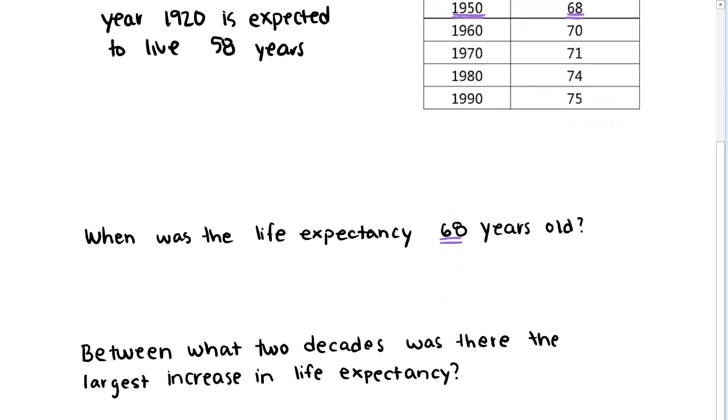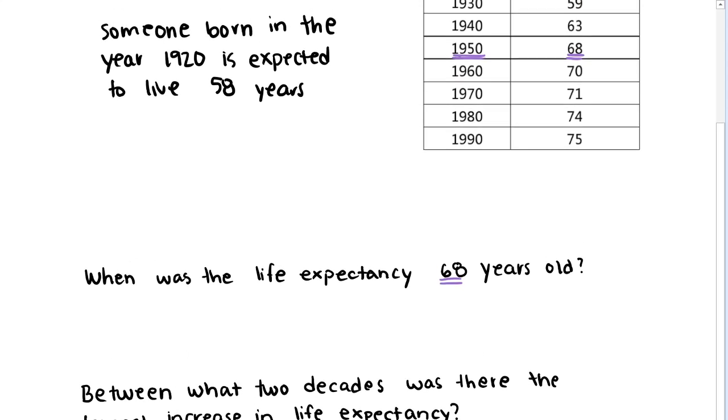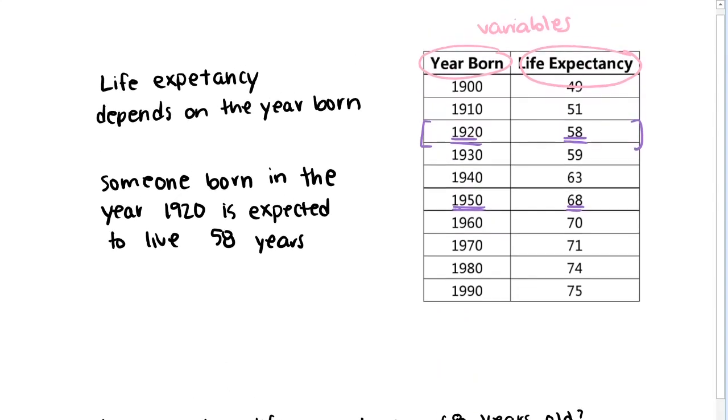And this next question I have, just to get more practice interpreting this table, is between what two decades was there the largest increase in life expectancy? So let's go back up to this table, and I'll give you a moment to look at this yourself. So where would you say the largest increase in life expectancy happened, between what two decades?